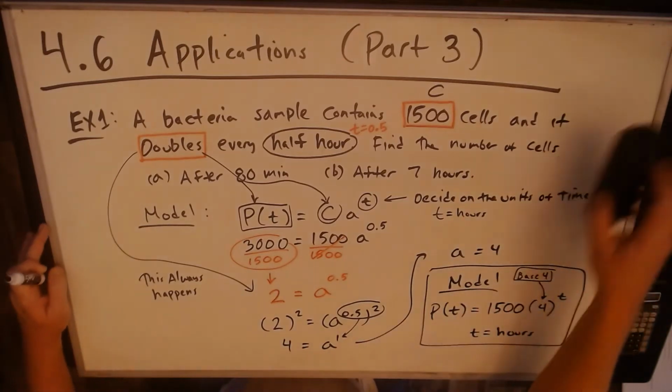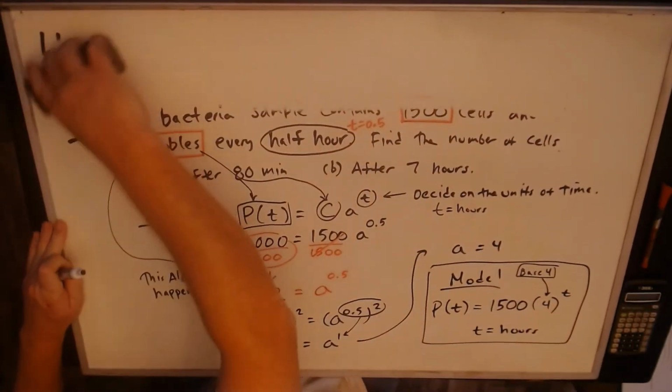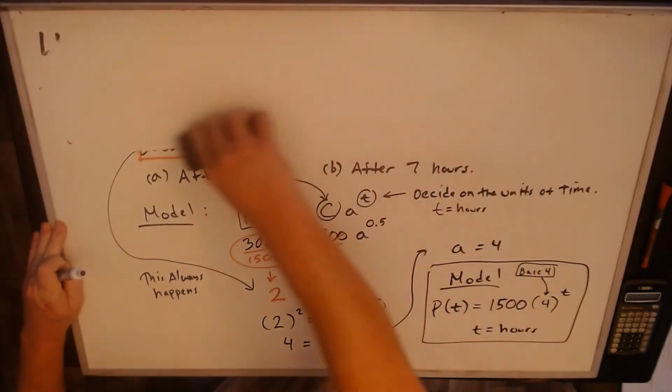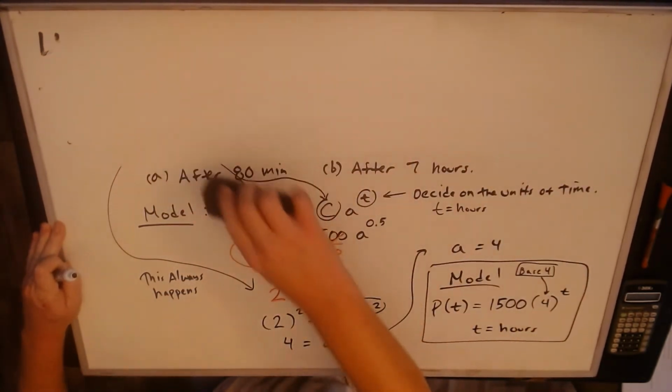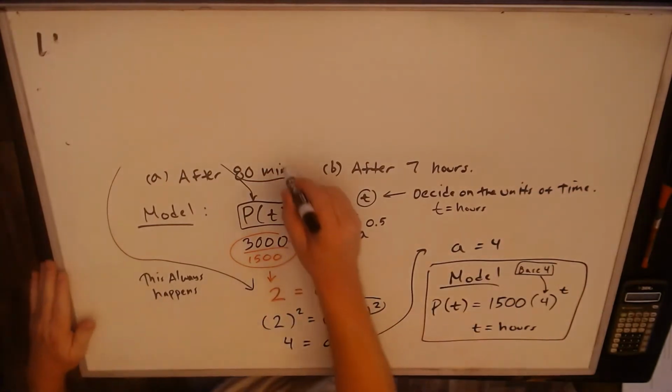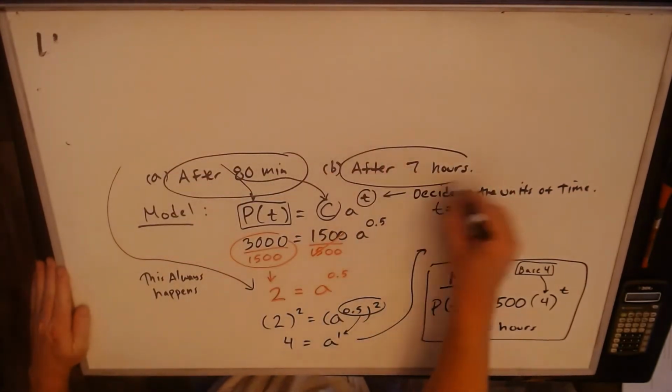Let's go ahead and use this model to answer the two parts of the question. So we have two parts of our question, after 80 minutes and after 7 hours.